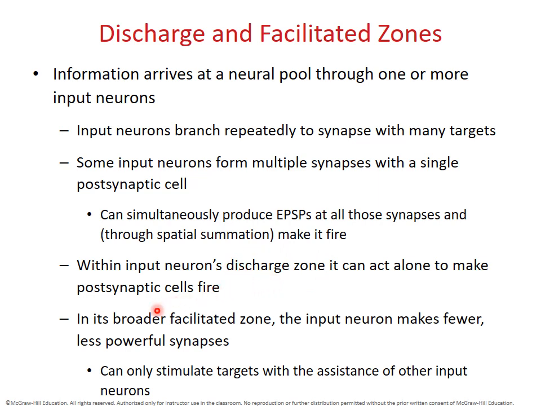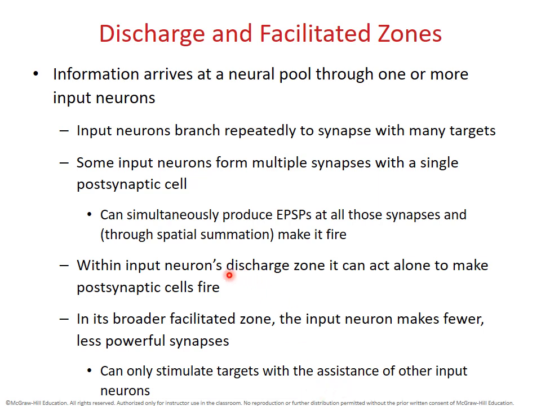On the other hand, some neurons also have what are called facilitated zones. Facilitated zones are the synapses that the neuron forms, that it can influence but not actually trigger all by itself. So in the neuron's facilitated zone, the neuron can contribute to creating postsynaptic triggering, but it has to work with other input neurons to trigger the postsynaptic cells.